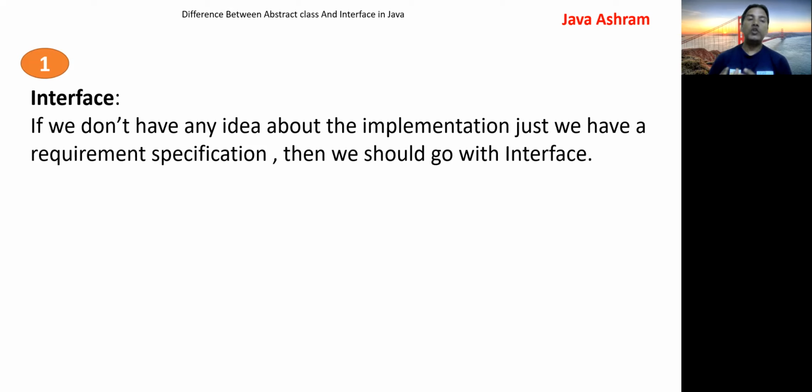So when should you go with interface? If you don't have any idea about the implementation, and just the requirement specification has come from the client, and you don't have any idea how you are going to implement or design, then in that case you should go with interface. Interface only provides the prototype. There will be no implementation at all.